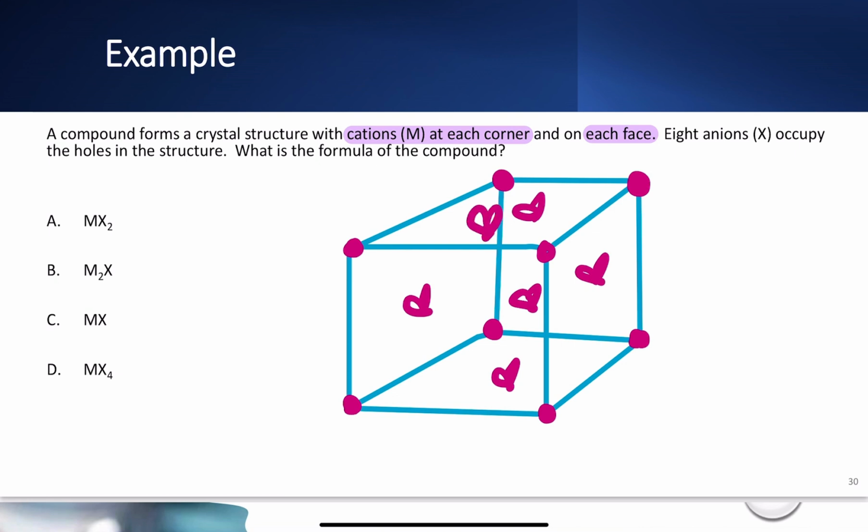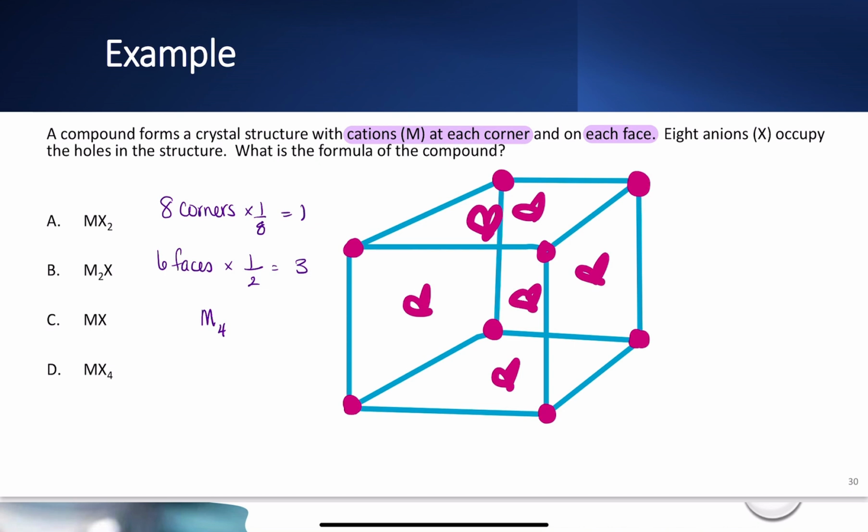I have 8 corners times 1/8, 6 faces times 1/2. So M4.